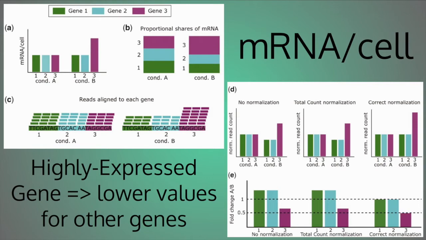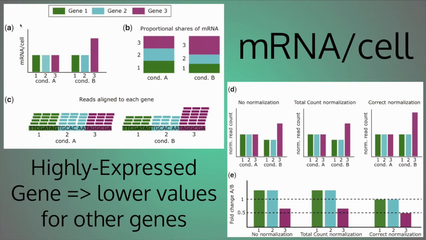In a sense, the idea is that highly expressed genes could artificially make it seem like there's lower values for other genes, whereas the lower values may not really be lower values at all. It may be simply that there is more mRNA in the cell, and that there's only certain amounts of upregulation and downregulation. So let's make this a little bit more concrete.